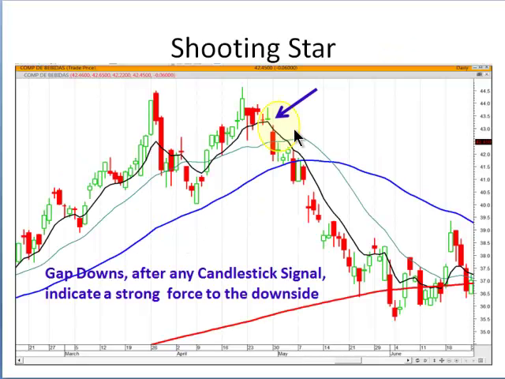As with any candlestick reversal signal, notice we have a doji shooting star. The next day they gap it down, especially when they gap it down below the T-line. That gives you a much higher probability that you're going to be in a very strong downtrend. That gap is a force that's telling you that the bears want to be out of this position very quickly.